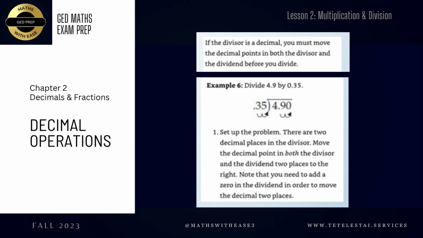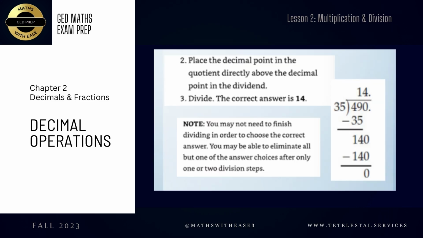Then you can start your division as normal. By the way, before you start your division, you also want to put your decimal point right here in your answer, so that you know where your decimal point is supposed to be in your answer, right? Now we can proceed with division as normal. 35 does not go into 4, so we write nothing here.